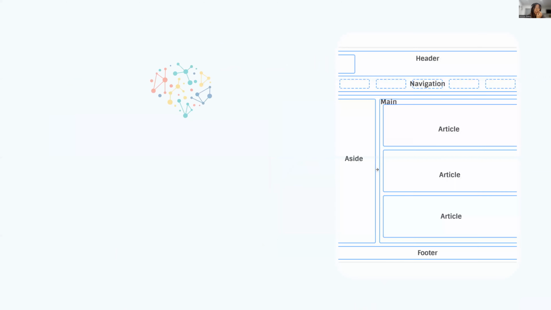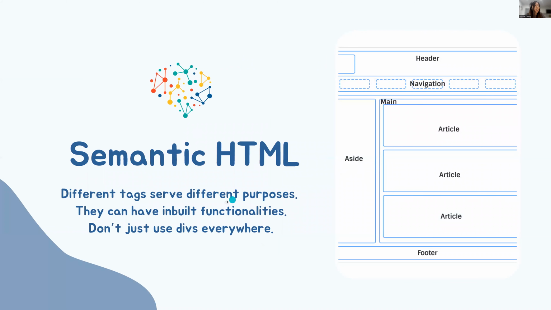And I think it is important that we use the different tags for their actual purposes. So for example, a heading tag should be used for an actual heading, instead of a P tag or paragraph tag that just has a bigger font size and all that.